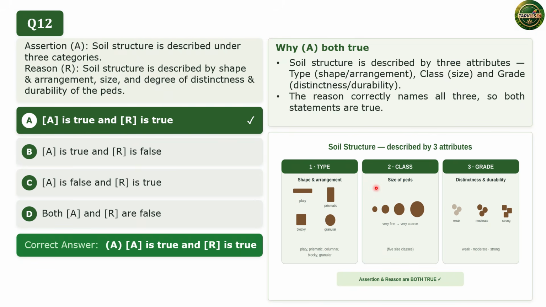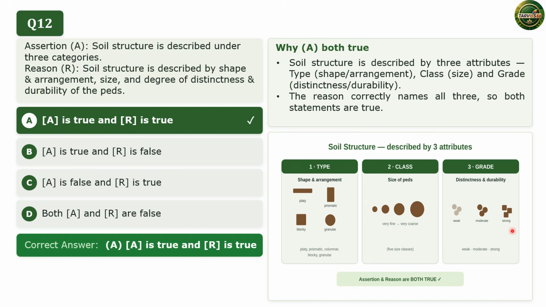There are five classes: very fine, fine, medium, coarse, and very coarse. And this is nothing but the size of the peds. The third attribute is grade. This is called distinctness or durability. This is nothing but the resistance to disruption by the impact of any factor like raindrops or submerged conditions, etc. And there are three types: weak, moderate, and strong.